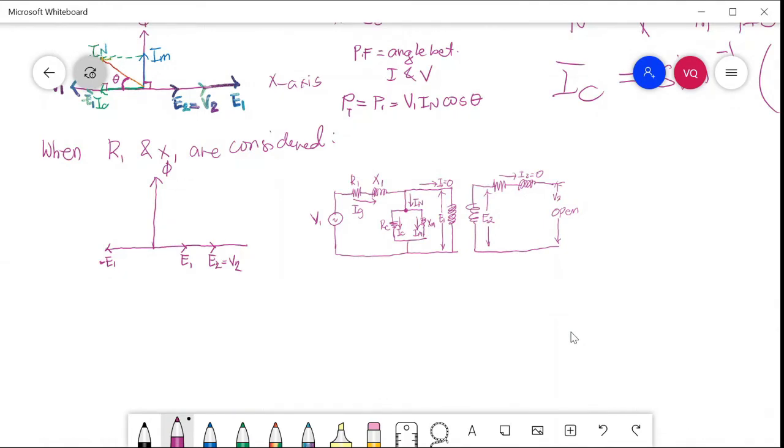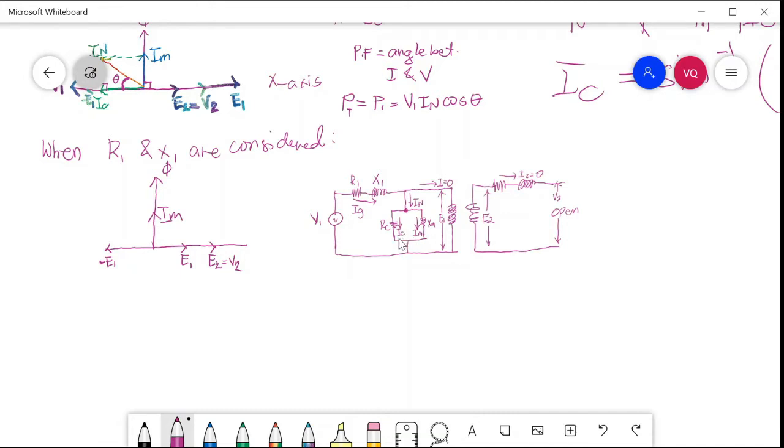When R1 and X1 are considered, again we still have E1, E2, equal to V2, and the flux is perpendicular to E1, E2, and V2. The negation of E1 is in this direction, negative E1. Again, your IM is in phase with your flux.